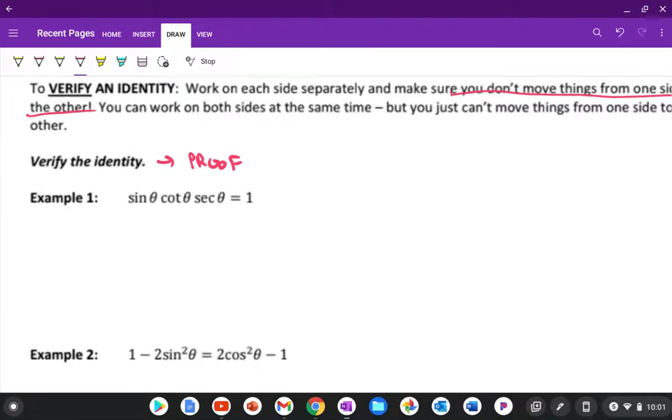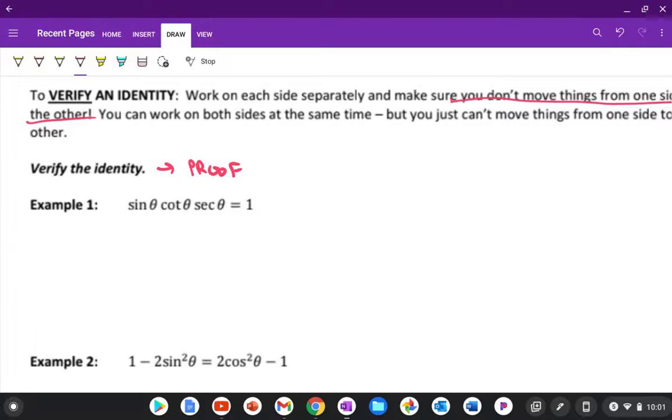I'm going to start with the left side because there's a lot of work to do there, and there's nothing I can do with a 1. So okay, I suppose you could actually replace that with 1 minus sine squared or 1 minus cosine squared. But for now, let's look at the complicated side. Let's go ahead and just try our strategy of replacing all these with sines and cosines. So cotangent is our cosine over sine. And secant is 1 over cosine.